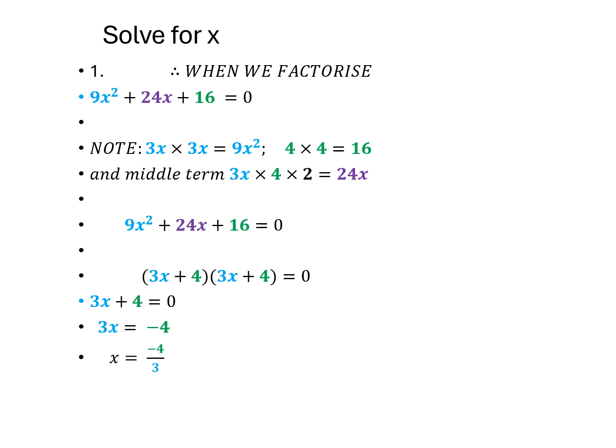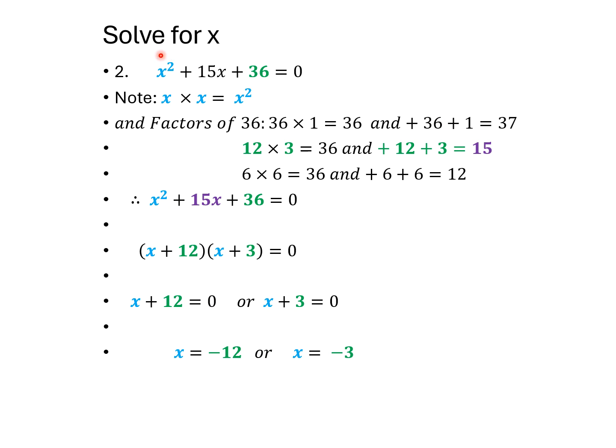If we look at the next one. So for x, we have x squared plus 15x plus 36. So this is a traditional quadratic equation. What we are testing is, can you use the last term here, 36, the factors of that to get to 15. So the x squared in the front will always be and can only be x times x to give me x squared.